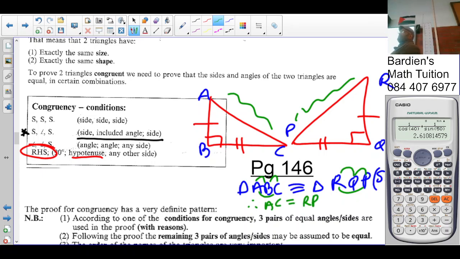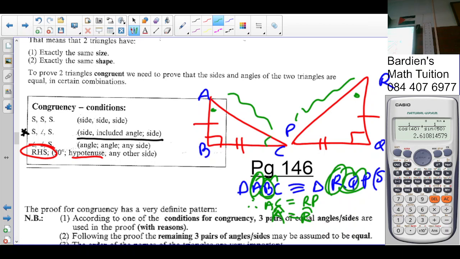What else can we say? We can say that angle A is equal to angle R. You see why order is important here. What else can we conclude? That angle B is equal to angle Q, but that we know already, 90.